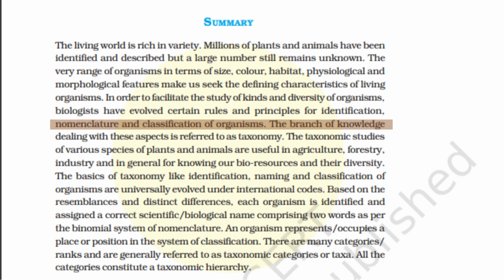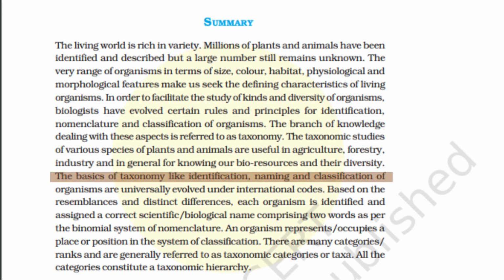The branch of knowledge dealing with these aspects is referred to as taxonomy. The taxonomic studies of various species of plants and animals are useful in agriculture, forestry, industry, and in general for knowing our bioresources and their diversity.